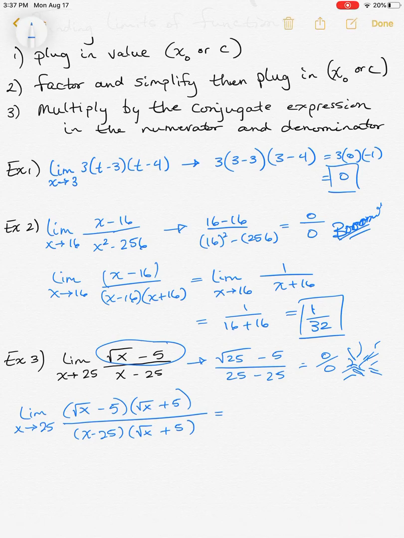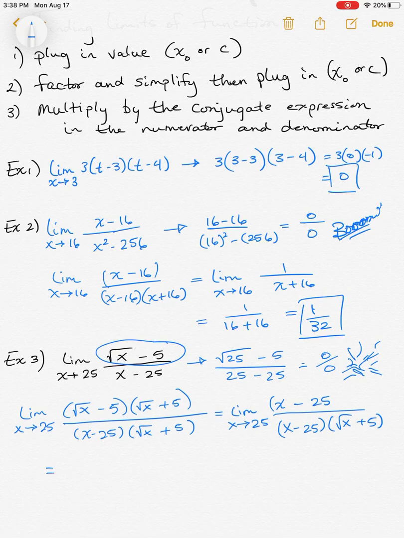We're going to go through and simplify. Multiplying the numerator, square root of x times square root of x is x. Then we'll have square root of x times positive 5 minus square root of x times negative 5. So that middle piece cancels and leaves us with x minus 25 in the numerator over x minus 25 times the square root of x plus 5.